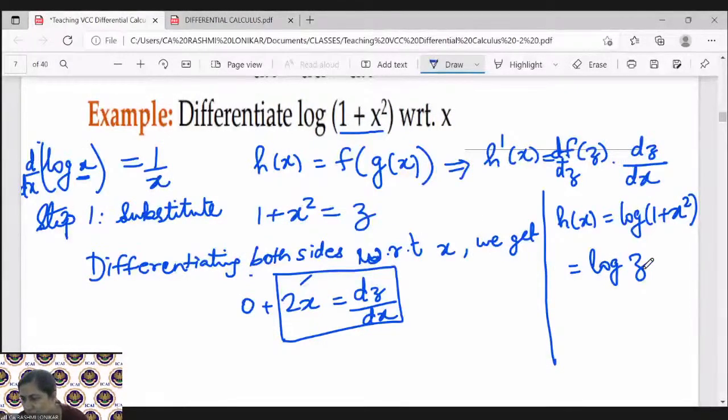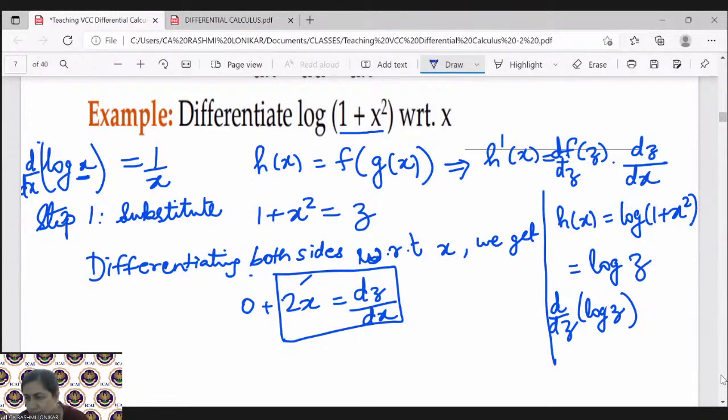So now I get d by dz of log of z, which is similar to d by dx of log of x, which is equal to 1 upon x.